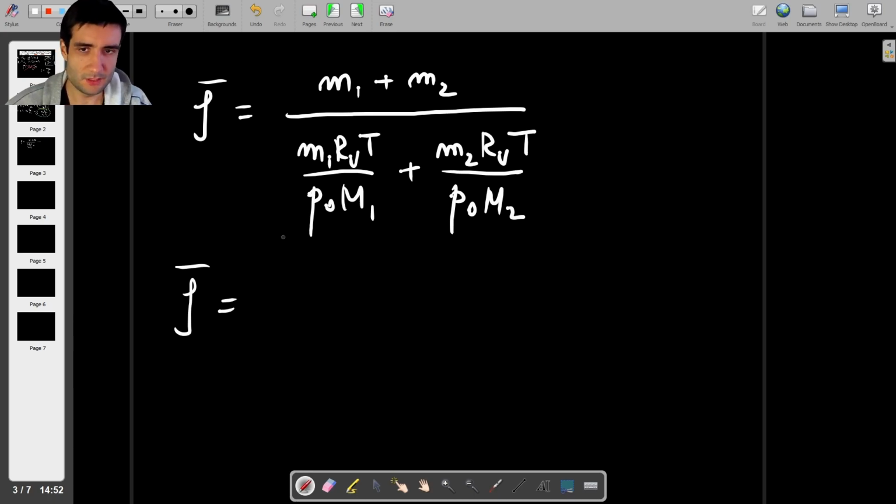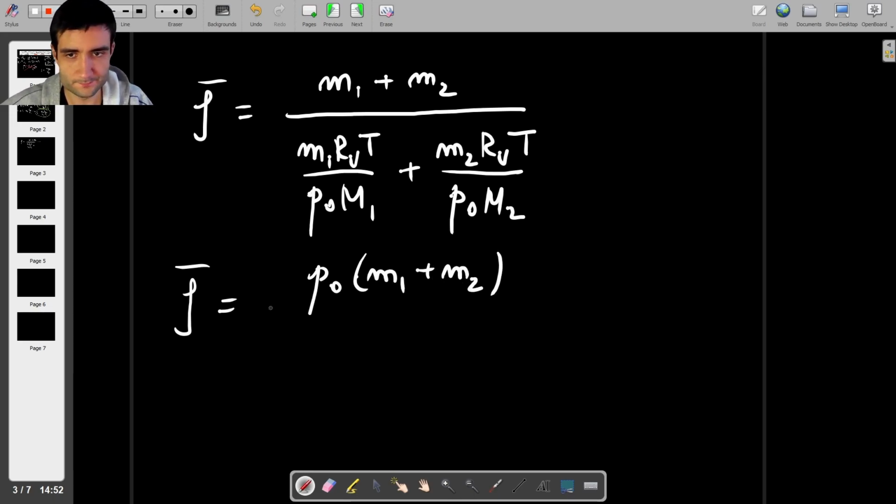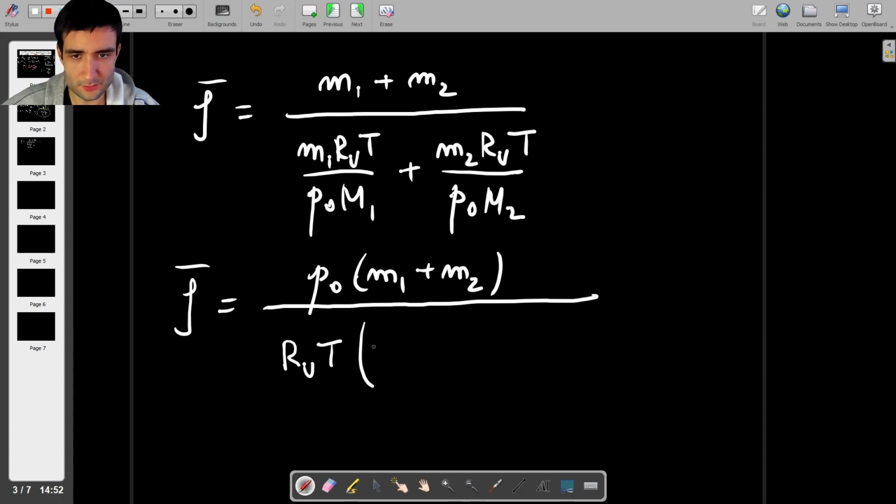I can bring the P naught on top, so this is P naught times M1 plus M2, over the universal gas constant multiplied by T multiplied by M1 over capital M1 plus M2 over capital M2.